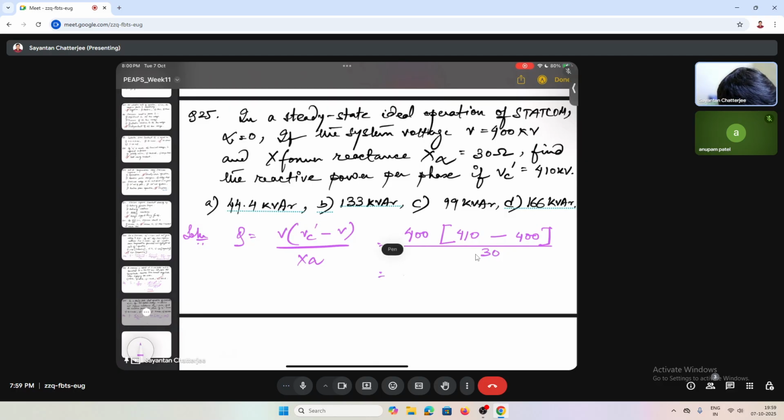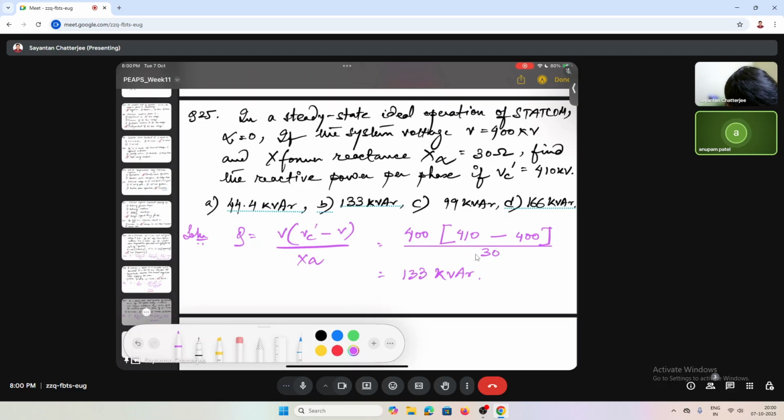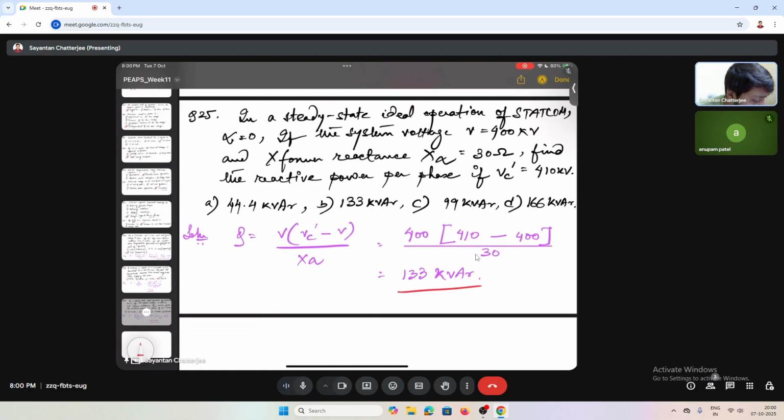If you just check the calculation, it will be coming as 133 point something, 132 kVAR. But when we convert per phase, then this value will be 44.4, if we divide by 3, right? Yes, sir.